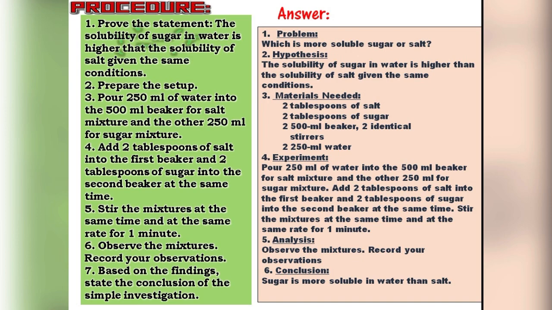And then, for number 5, the analysis part, dito nyo i-record yung inyong observation. And then, number 6, the conclusion. So, kung ang inyong base sa observation ninyo, yung sugar ay mas mabilis na tunaw kaysa sa asin, so dito nyo po ilalagay.